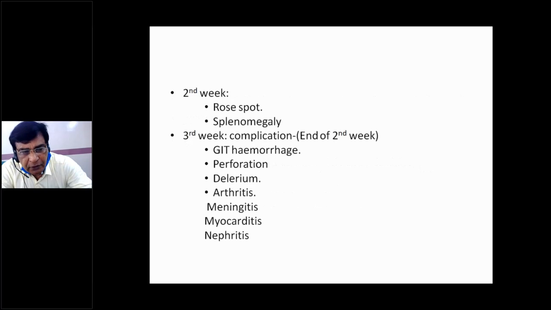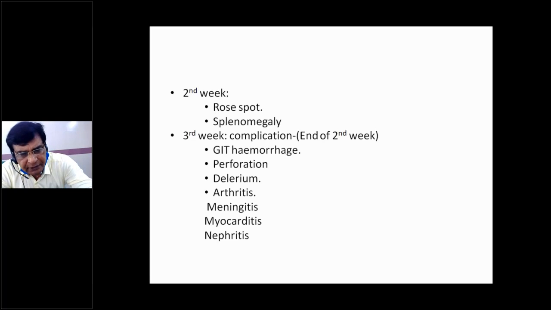In the second week, rose spots, which are vasculitic spots found on the front of the chest, and splenomegaly can occur. In the third week, usually complications occur: GIT hemorrhage, perforation, delirium. Delirium, I think you know, is a state where there is confusion and loss of memory.